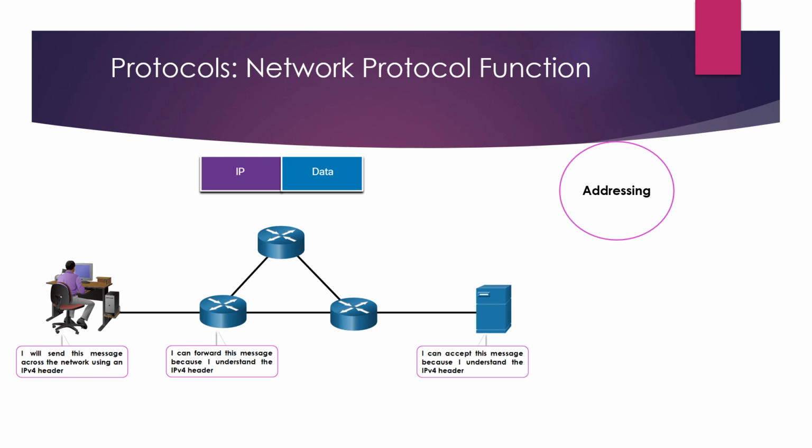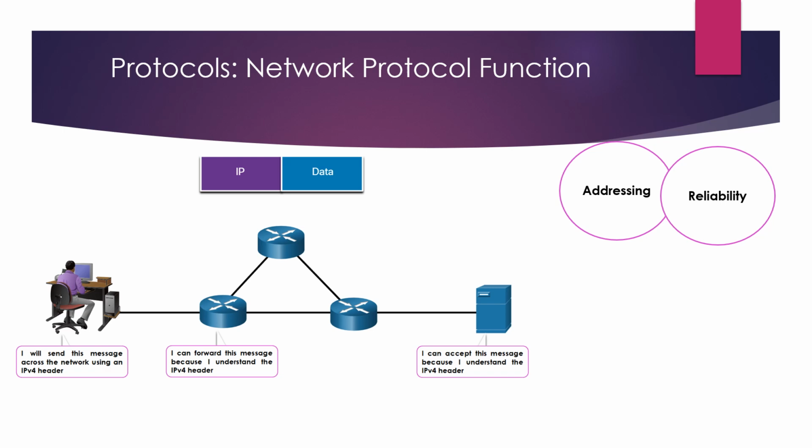Examples of protocols that provide addressing include Ethernet, IPv4, and IPv6. We will also have reliability. With this function, we provide a guaranteed delivery mechanism in case messages are lost or corrupted in transmit.